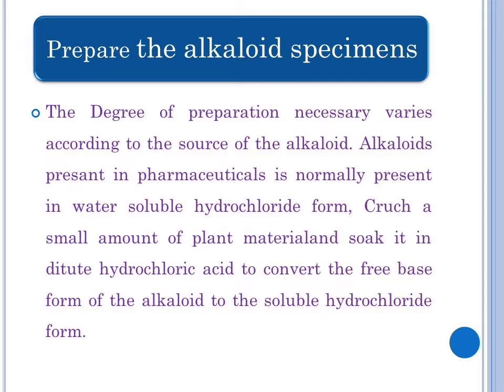Label a 15 ml centrifuge tube for each of your known and questioned specimens. For tablets, capsules, and other pharmaceutical specimens, crush the specimen to powder form and transfer it to the tube.